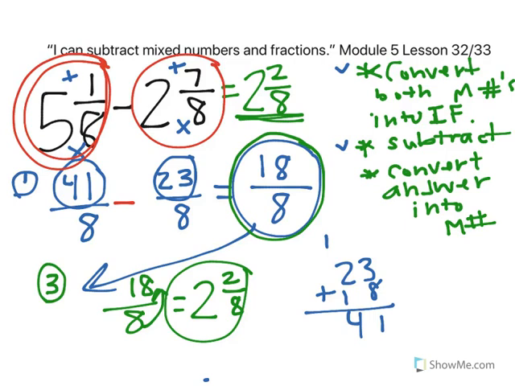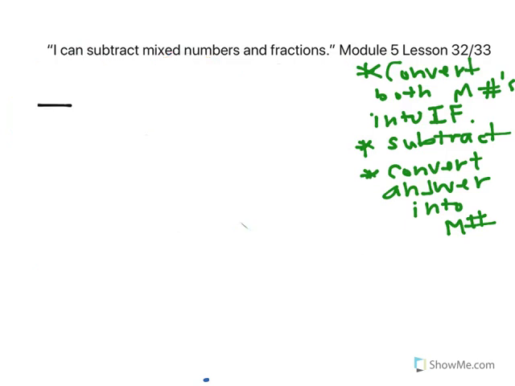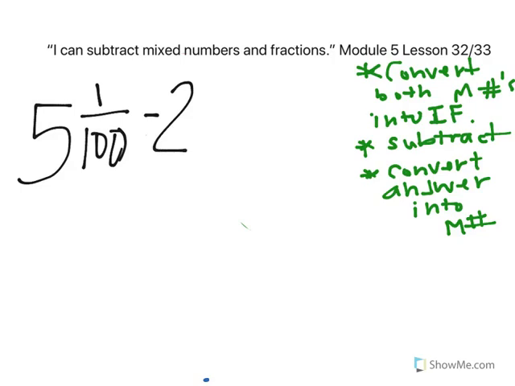All right, let's do one more. Okay, last one. This one seems interesting. 5 and 1/100th minus 2 and 97/100ths. Okay, so again, they give us two mixed numbers, so I'm going to automatically convert both of my mixed numbers into improper fractions.